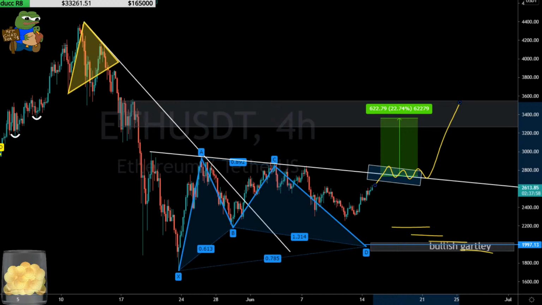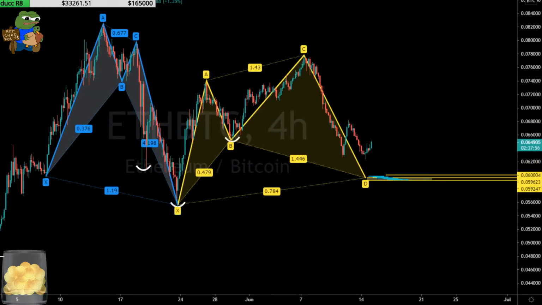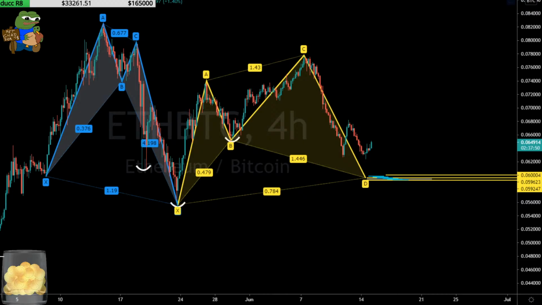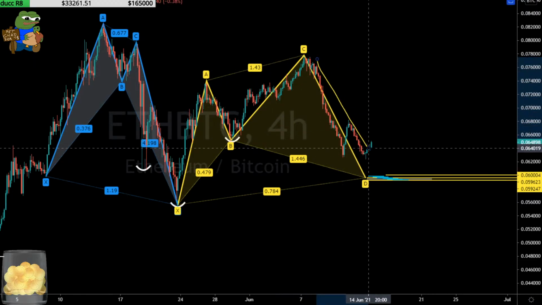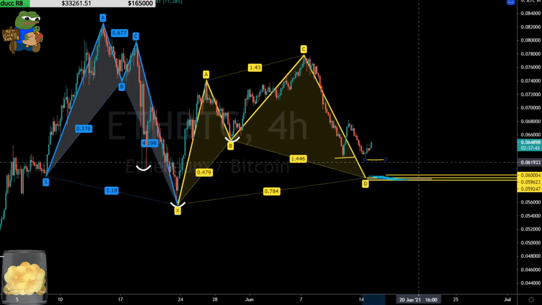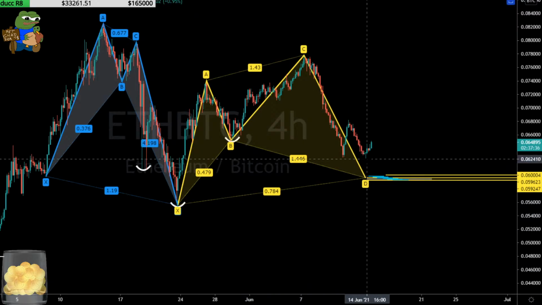Okay, so what we were talking about was now the ETH to BTC pairing here, where Bitcoin was leading the show and ETH had this big sell-off, right? But now ETH is looking like we found bottom. And to be honest, it wouldn't be that far-fetched because, look, how far away were you?